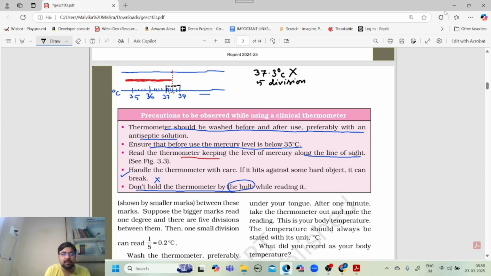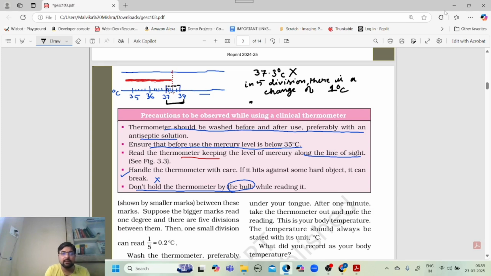In 5 divisions there is a change of how many degrees Celsius? 1 degree Celsius, because 37 to 38 degrees Celsius is 1 degree Celsius. So in 5 divisions there is a change of 1 degree Celsius.